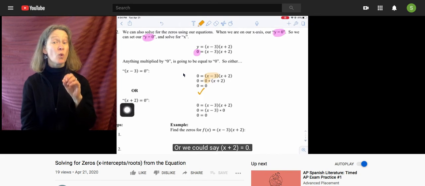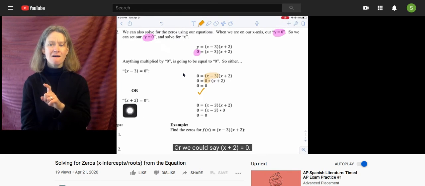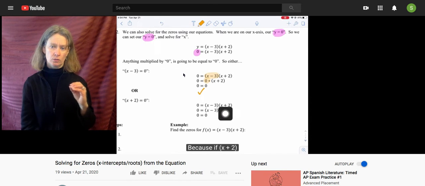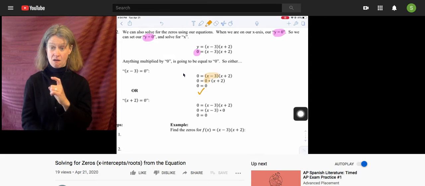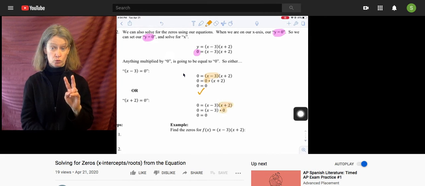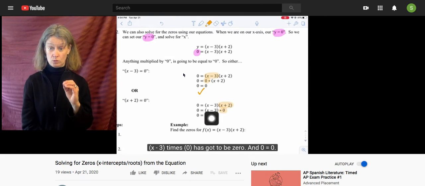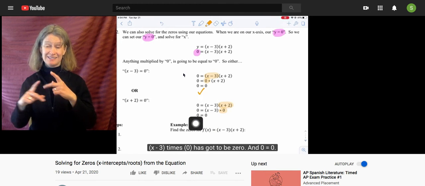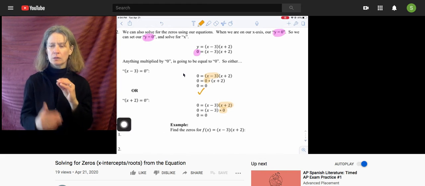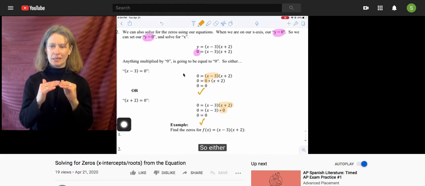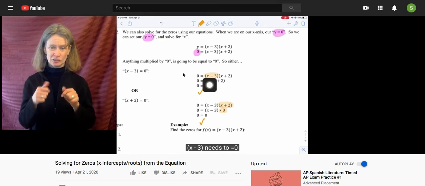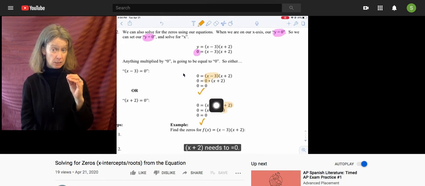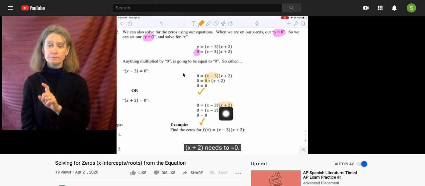Or we could say x plus 2 equals 0. Because if x plus 2 is 0, x minus 3 times 0 has got to be 0, and 0 equals 0. So either x minus 3 needs to equal 0, or x plus 2 needs to equal 0.